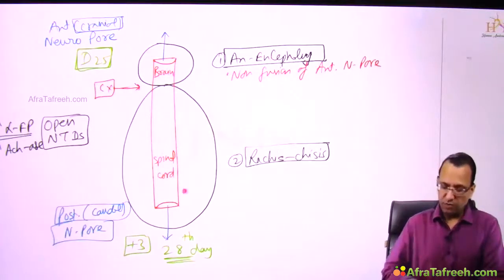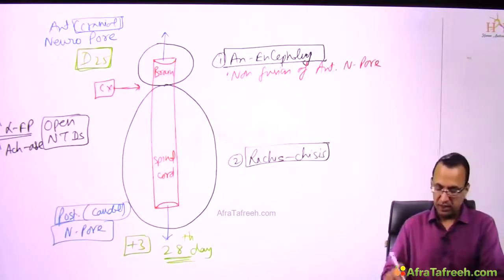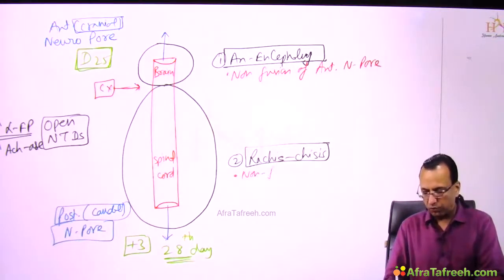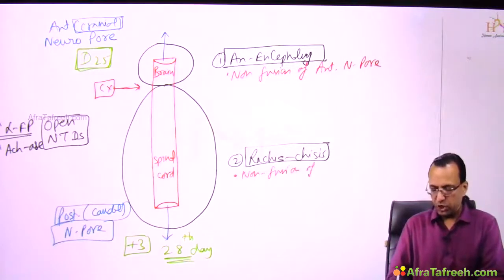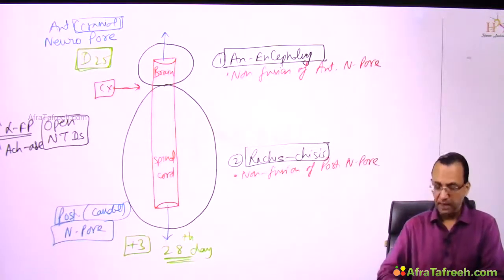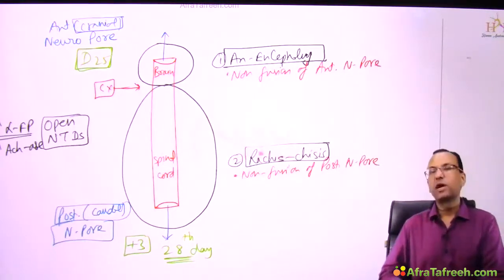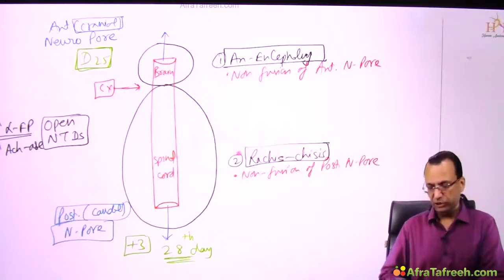And if there is non-fusion of the posterior neuropore, then it will be rachis. There will be an open spinal cord. Because there is non-fusion of the posterior neuropore, there can be rachis. Let us look at further details of the two babies.